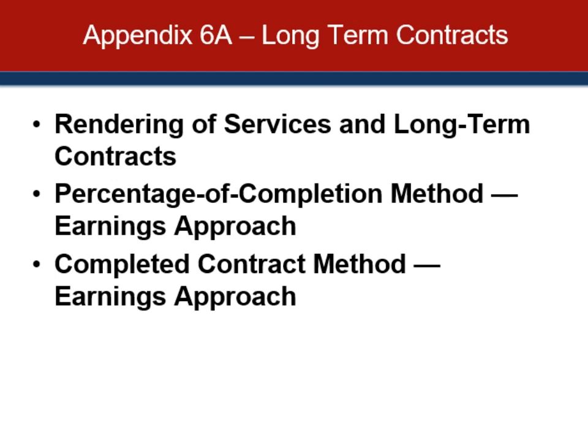If you've recognized revenue in past years, you deduct that from the total revenues to be recognized to date, and the remainder is what you recognize this period. So revenues are calculated using the percentage that costs incurred bear to total estimated costs, and that gives you the percentage of revenues to be recognized to the point in time of the fiscal year end.